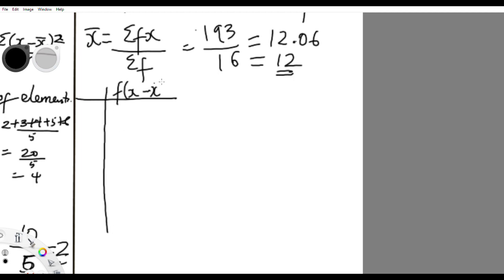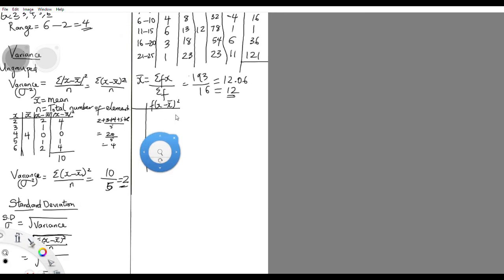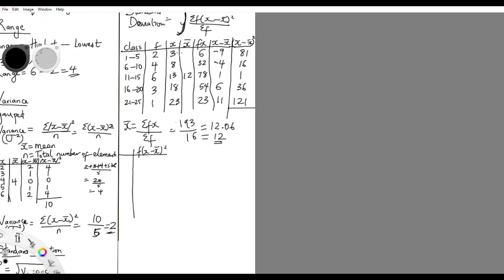F x minus x bar squared, and that's 2 times 81, that should be 162. 4 times 16, that should be 64. 6 times 1, 6. 3 times 36, and that should be 108, and then 1 times, that's still 121.